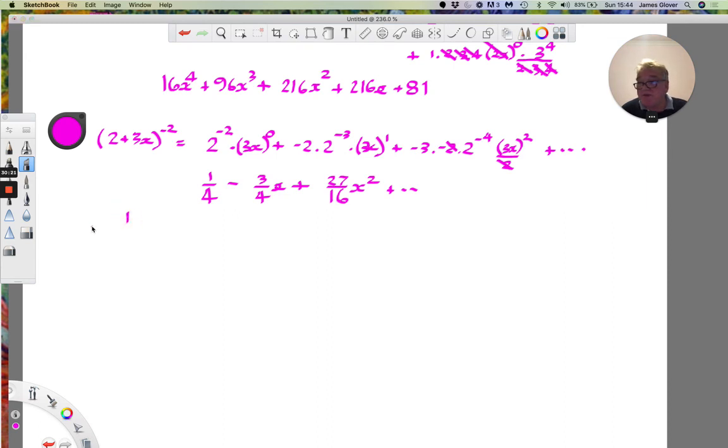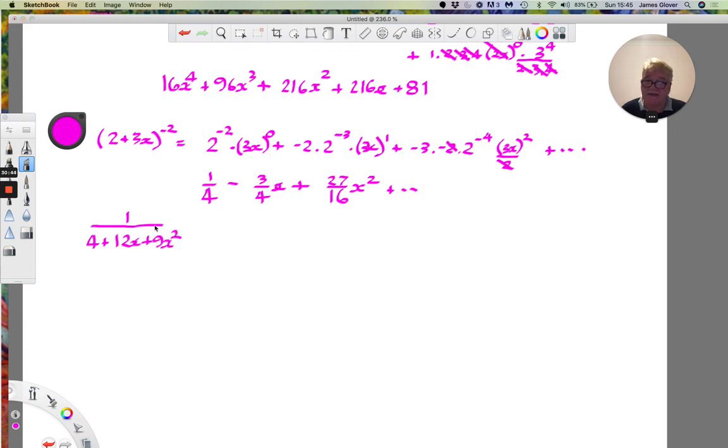Another way of doing this, which I will show in a different video, is to set up a division, because (2 plus 3x) to the power of minus 2 is the same as 1 over 4 plus 12x plus 9x squared.